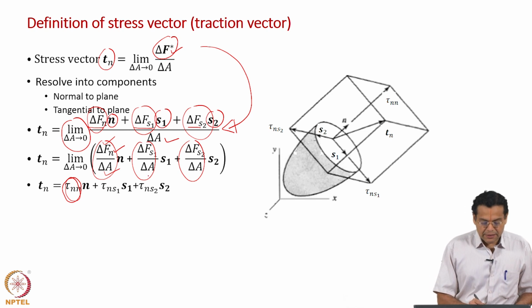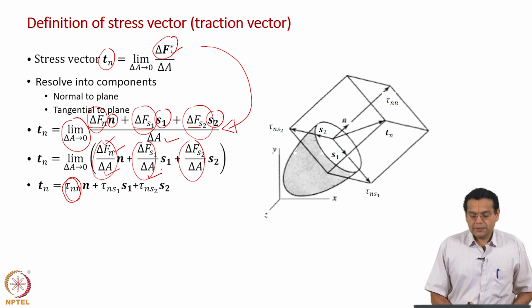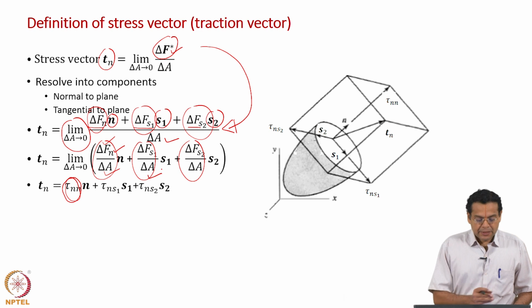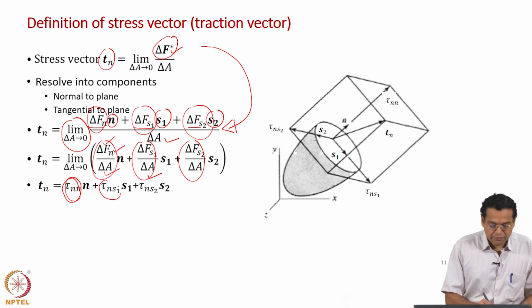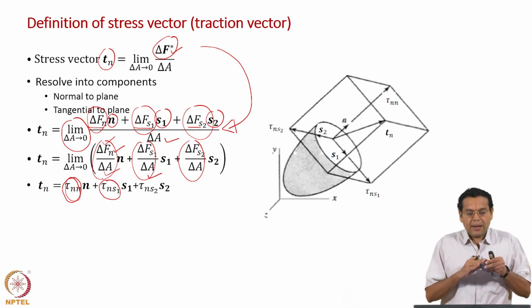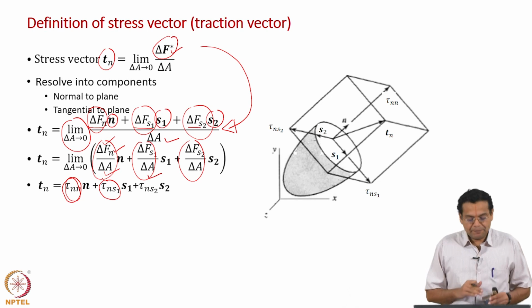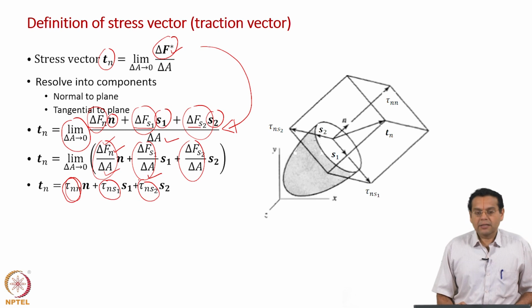Now similarly the second term, the incremental tangential force along the S1 direction divided by area, in the limit of delta A tending to 0, gives you one of the shear stress components. Why is it shear stress? It is acting parallel to the plane, along the plane, tangential to the plane. Similarly along the other direction you have the other component of shear stress.